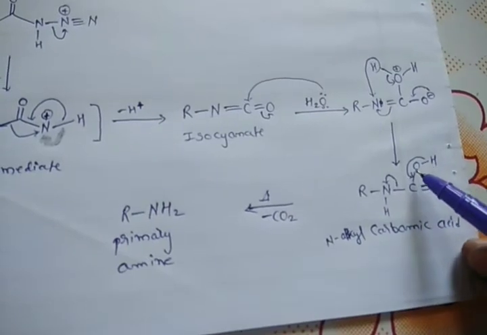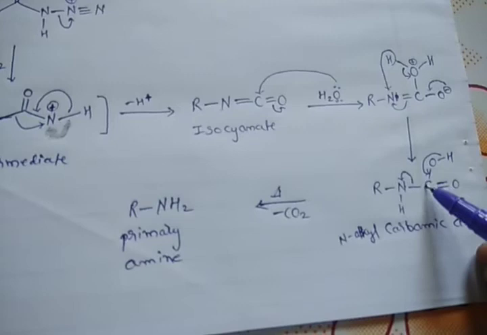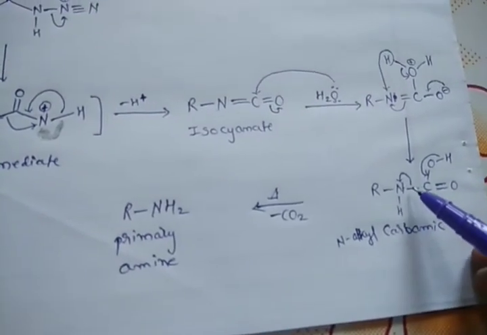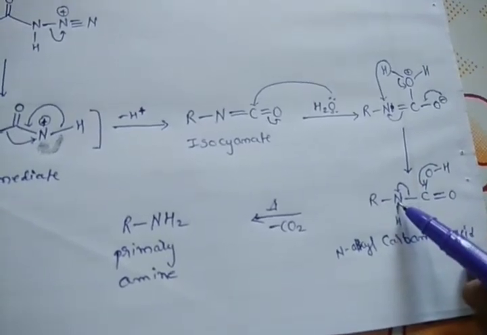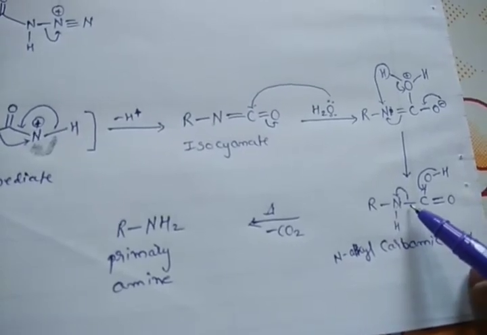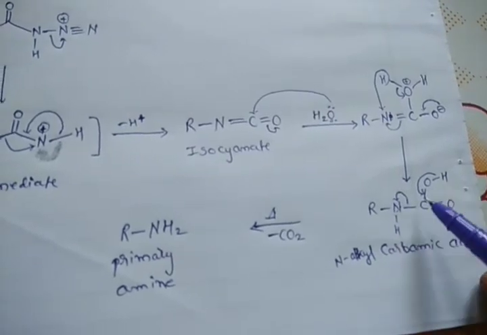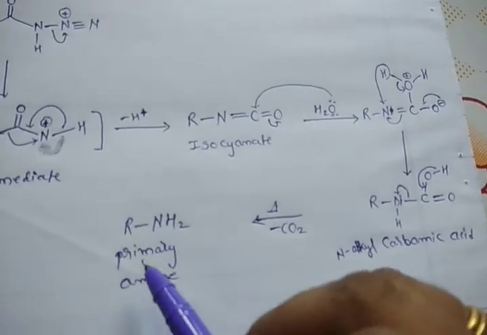The OH will break and form the double bond between carbon and oxygen, and at the same time the bond between nitrogen and oxygen breaks, and N will have the negative charge, the lone pair of electrons from this bond pair. Now that nitrogen will be stabilized by this proton, and ultimately we will have the primary amine.